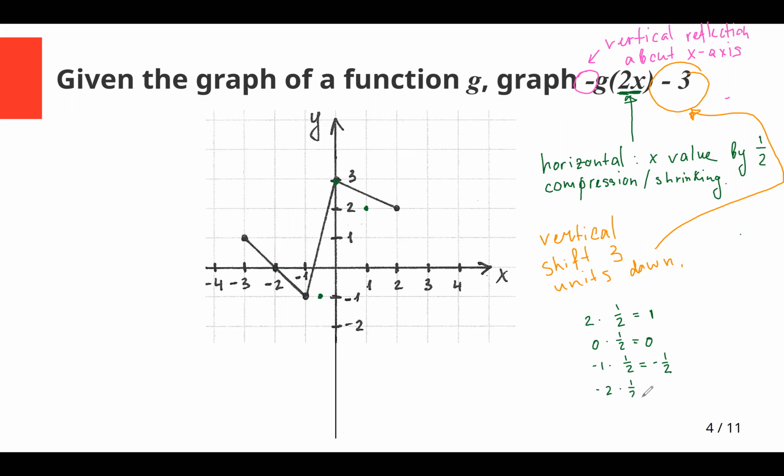If I multiply it by half, I'll get negative 1, right? So it travels over here. And finally, this point has the x coordinate of negative 3. If I multiply negative 3 by half, I will get negative 3 over 2, which is negative 1.5, right? So I'm moving it over here.